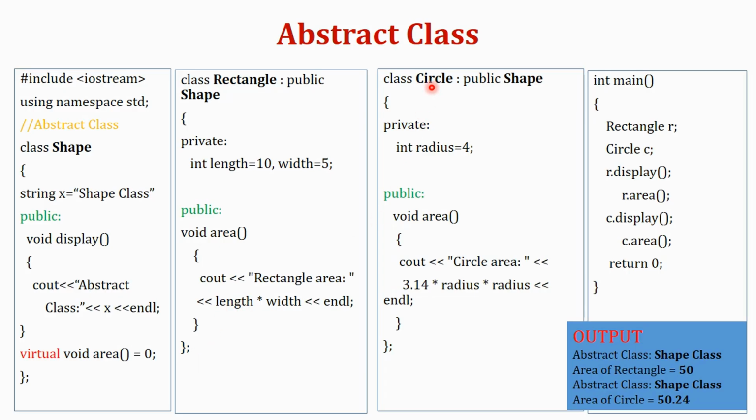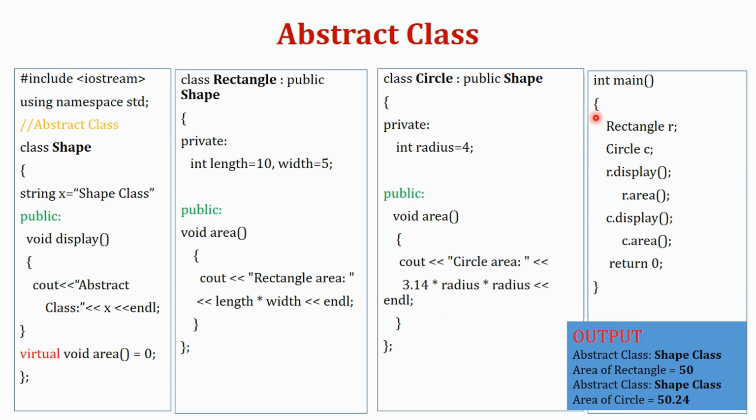Next, we are creating one more subclass, circle, which inherits the properties from the superclass shape. It has the property int radius equal 4, and it has the method void area. Here we are going to calculate the area of the circle. The method name is already declared in the superclass, and the class is closed.